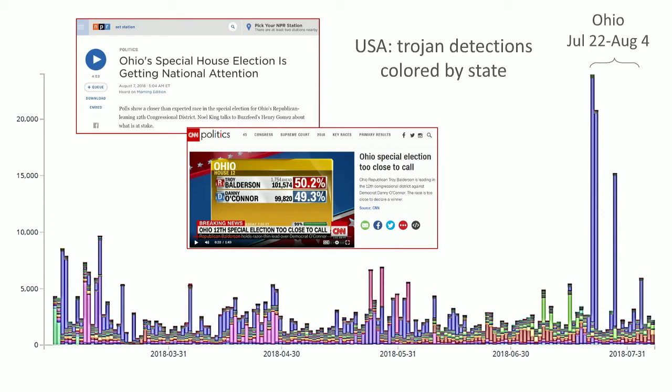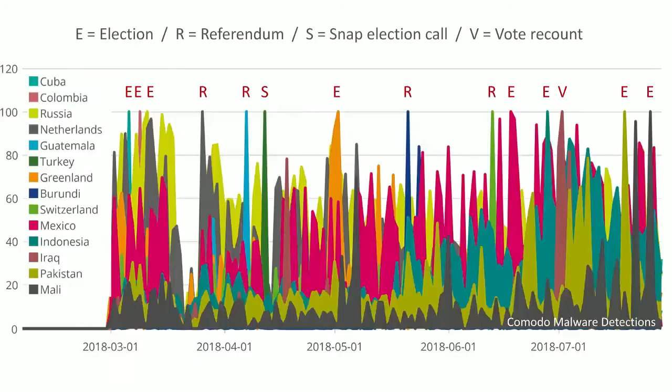At the time, I didn't even know there was an election in Ohio, and so you can go either way with it, from the spike to the event or from the event to try to find the spike. But in this case, it's enormous, and it's quite clear that someone was very interested in this event, if not many parties.